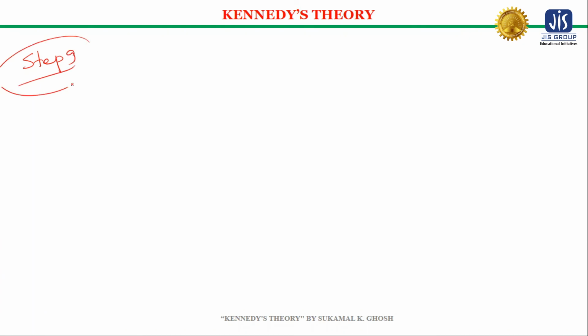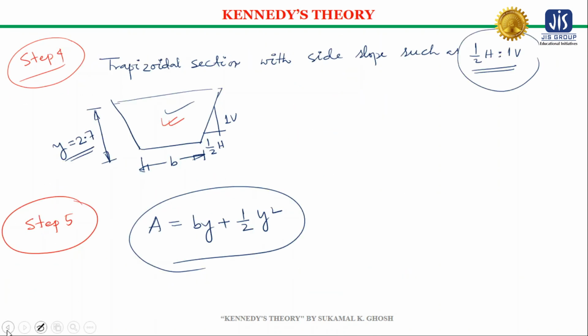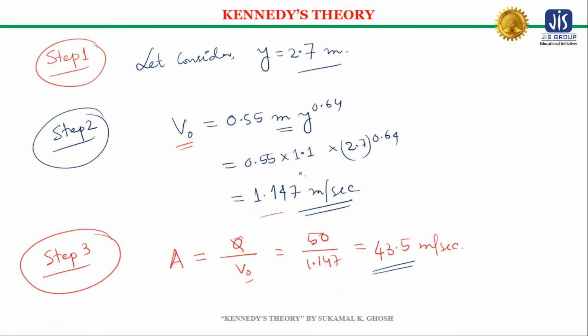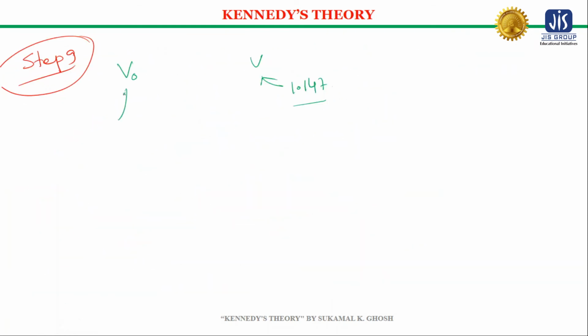This is our step 9. In step 9 we need to compare V and V naught. The value of V we have got is 1.147, and the value of V naught we have got is also 1.147 meter per second.